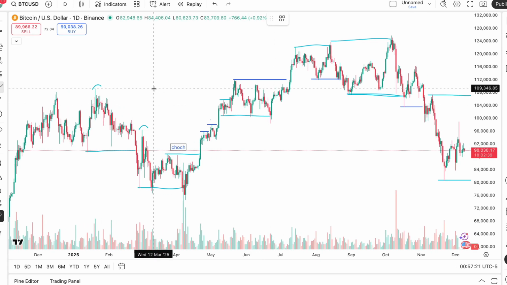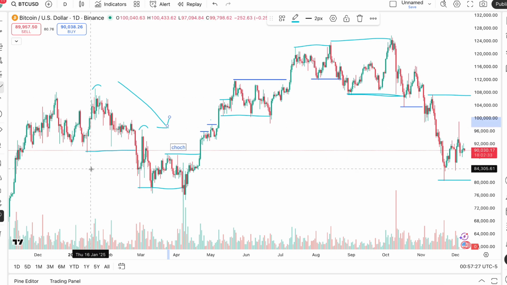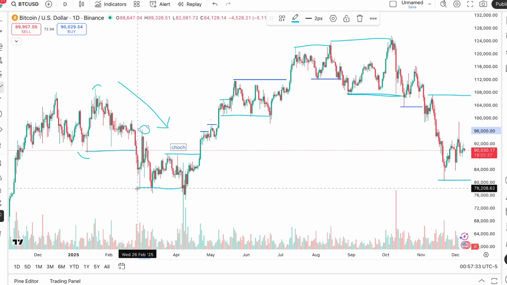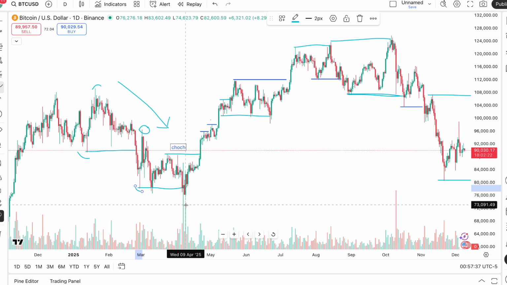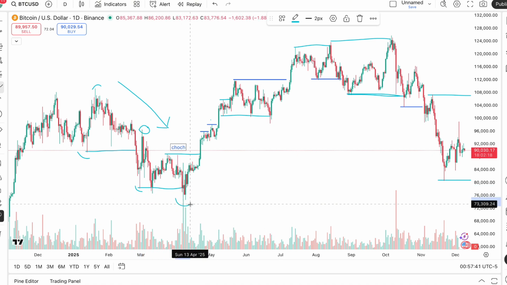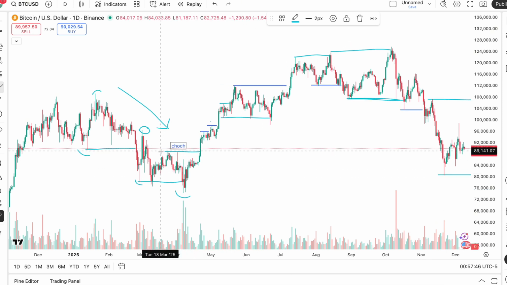So I'm going to show you some examples. Here was a downtrend. It made a lower low, lower high, lower low, and then price took that low again, made a new lower low, and then this was the previous lower high, and then look what happened.